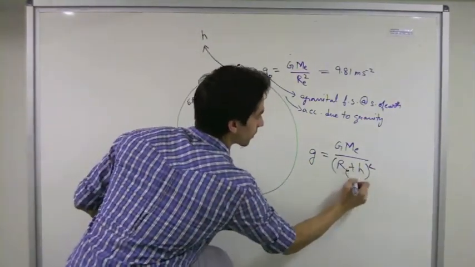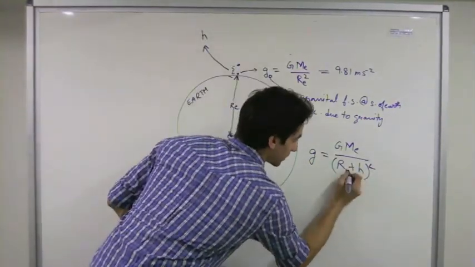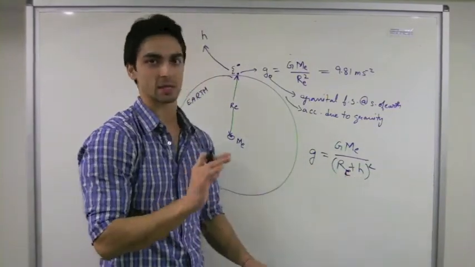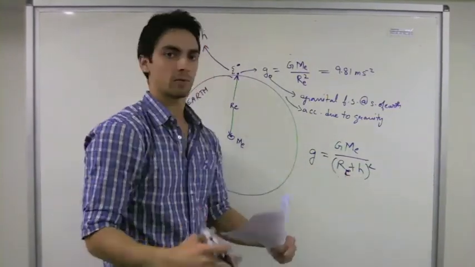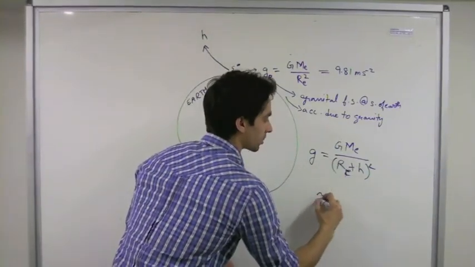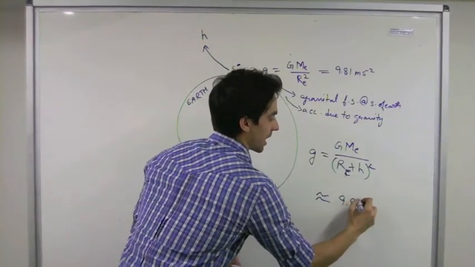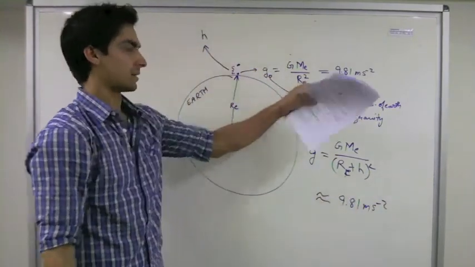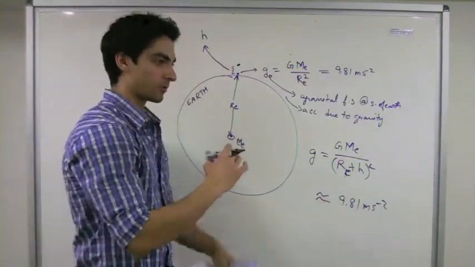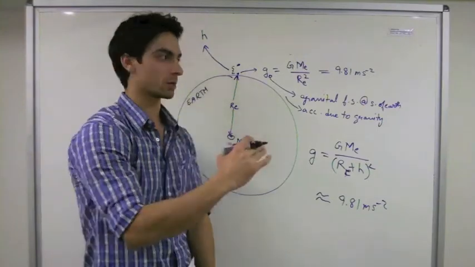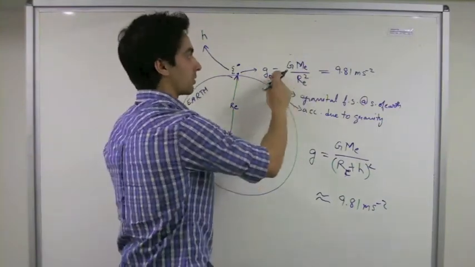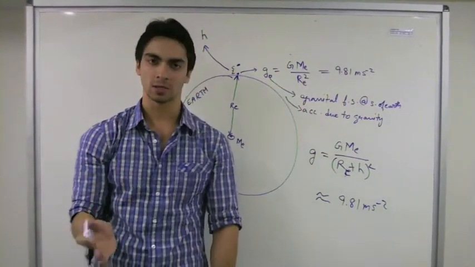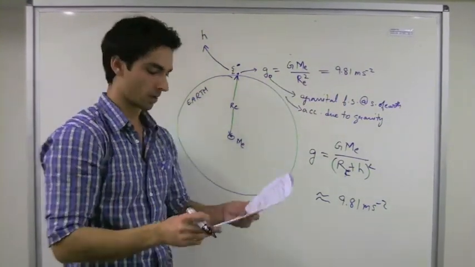We can see that if the height that the object has been raised to is very small compared to the radius of the Earth, we can actually just ignore that and have the same value for g as that at the surface of the Earth. So for a fair distance above the surface of the Earth, we can consider that the acceleration due to gravity is approximately constant at 9.81 meters per second square.